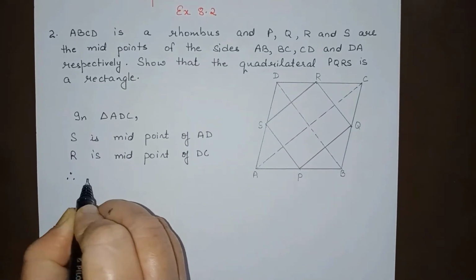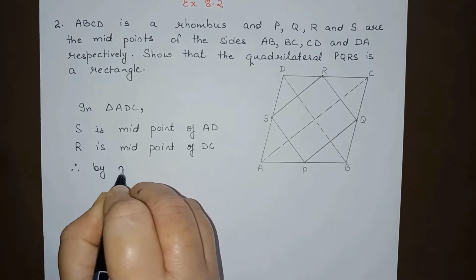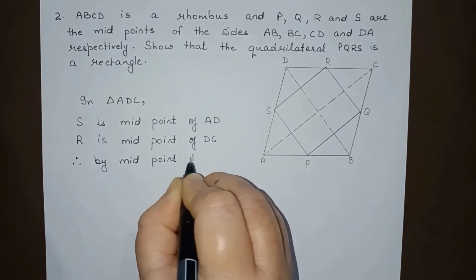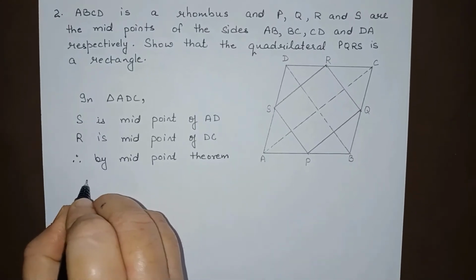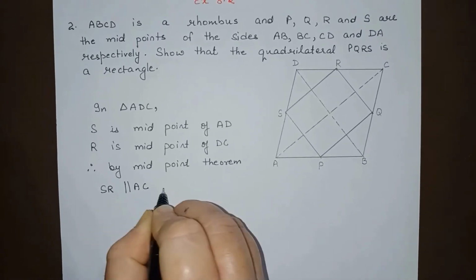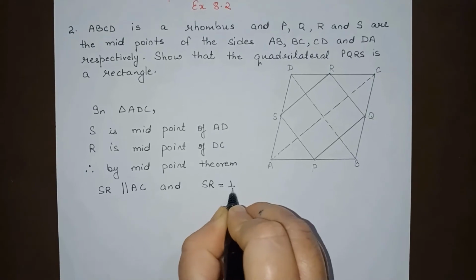Therefore, by midpoint theorem, SR is parallel to AC and SR is half of AC.